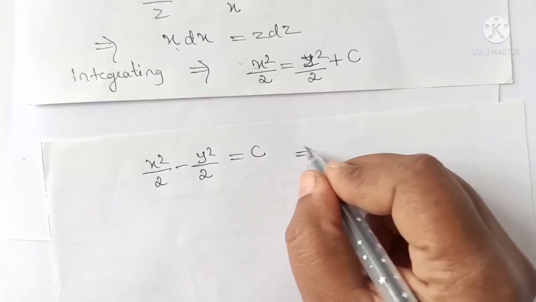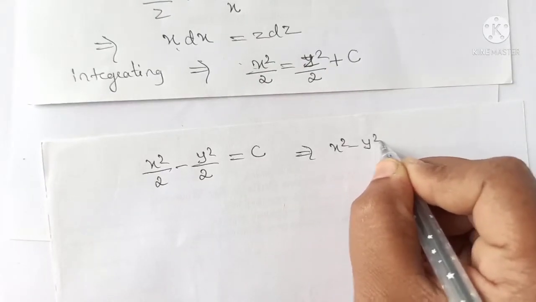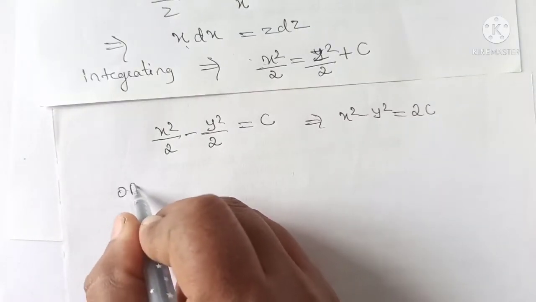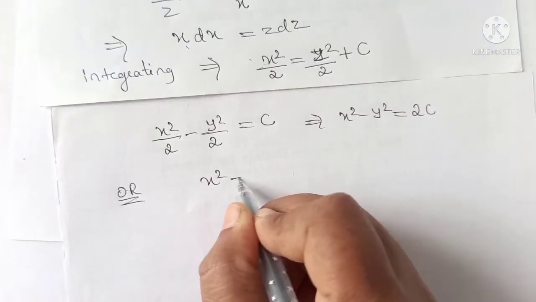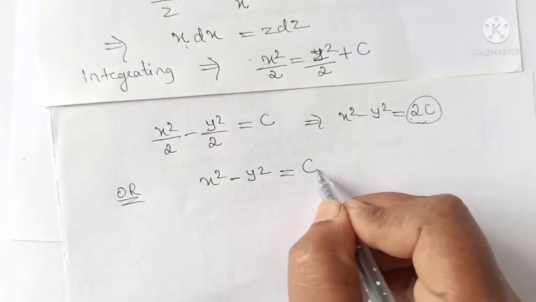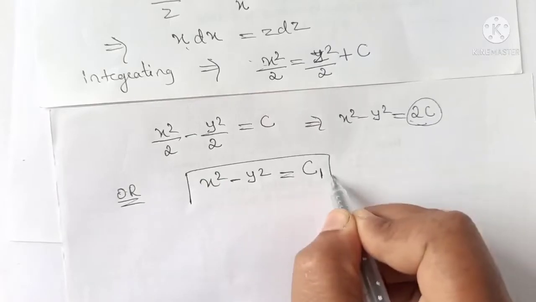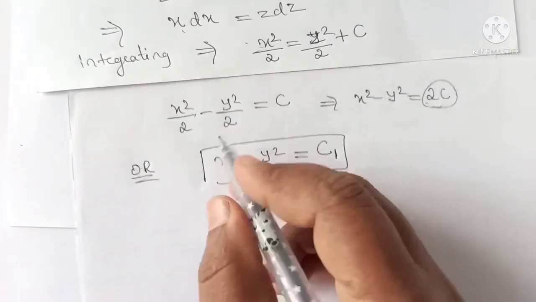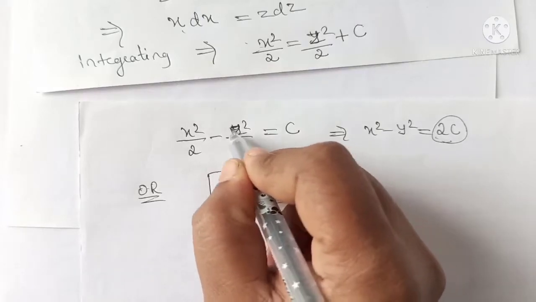Taking 2 as LCM, we get x square minus z square equals 2c, where 2c is replaced by another constant c1. So this is the first set of independent solution.